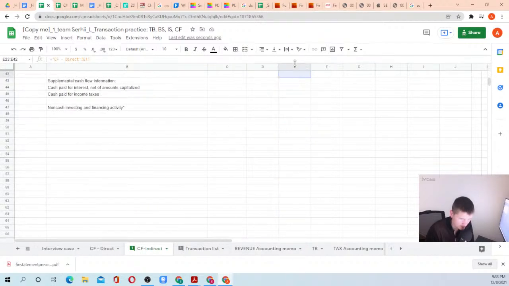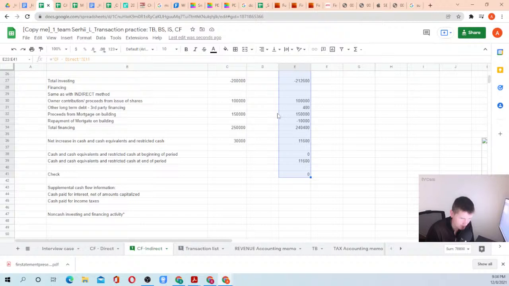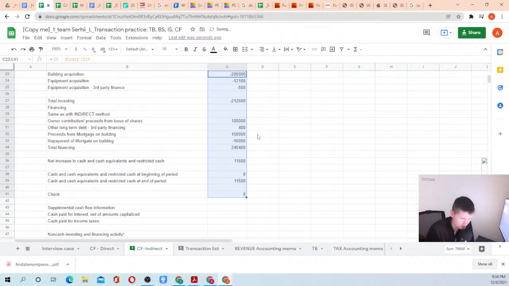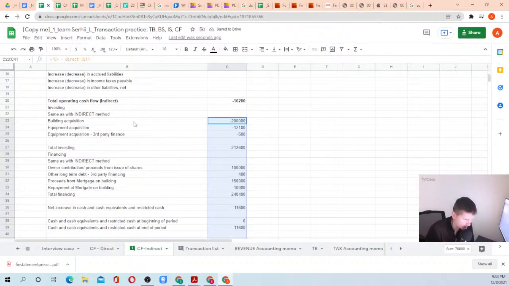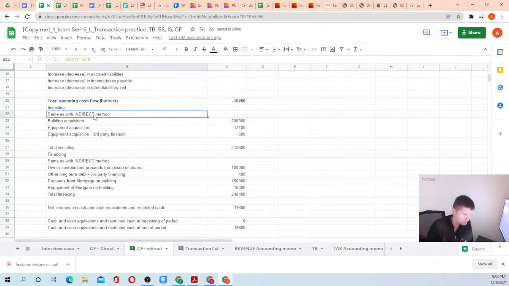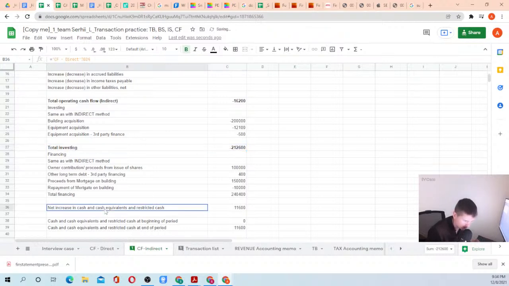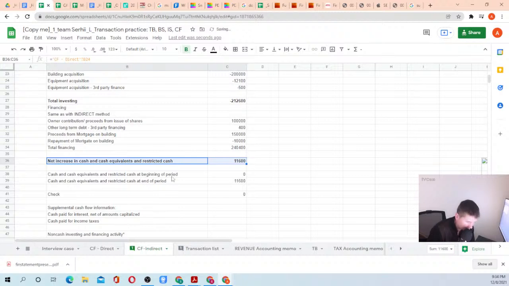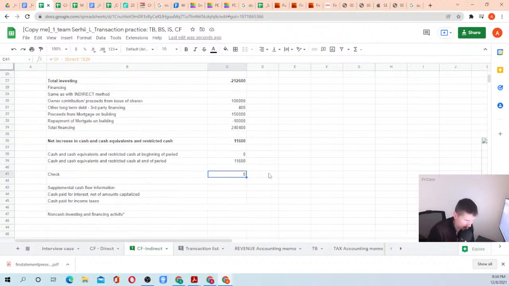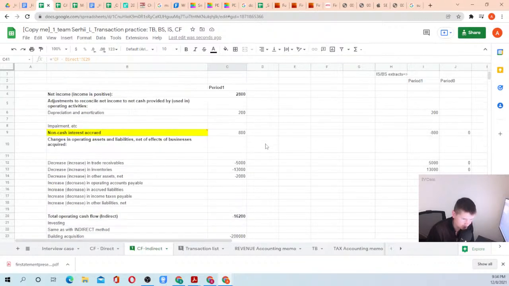I will just move it here. Okay, total investing activities. So we invested quite a bit of money. Everything looks good here.